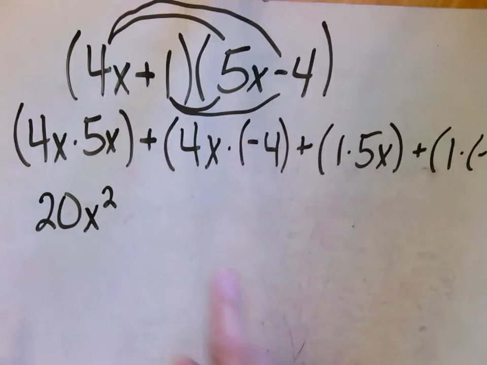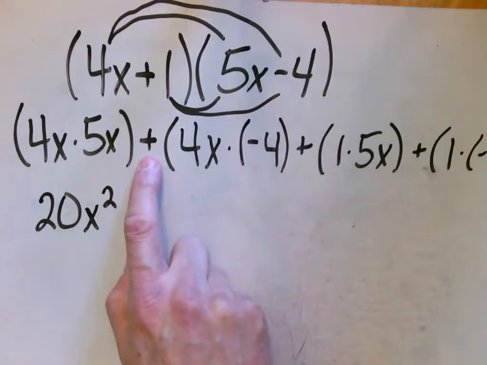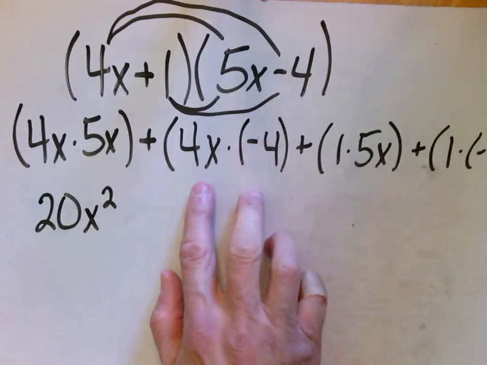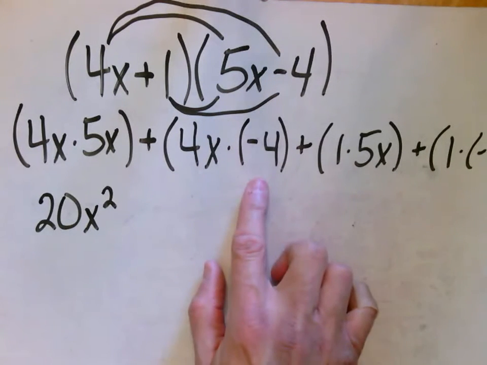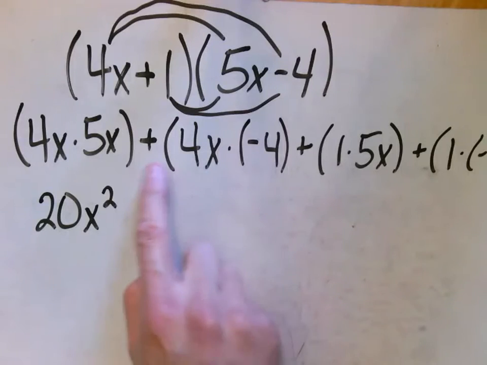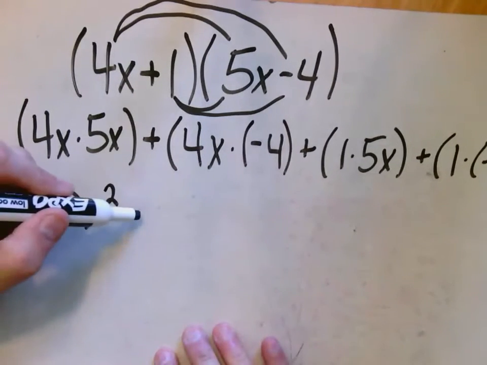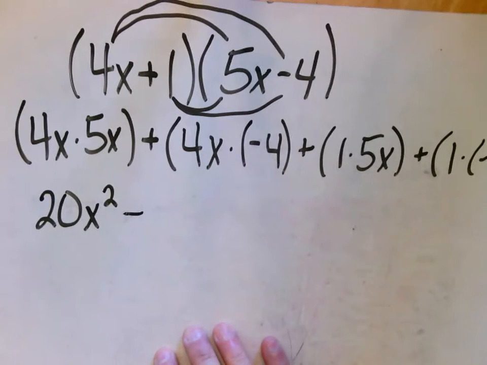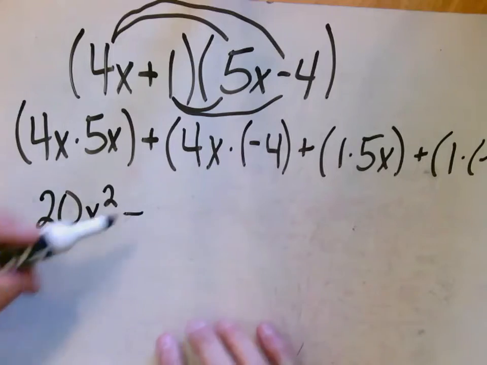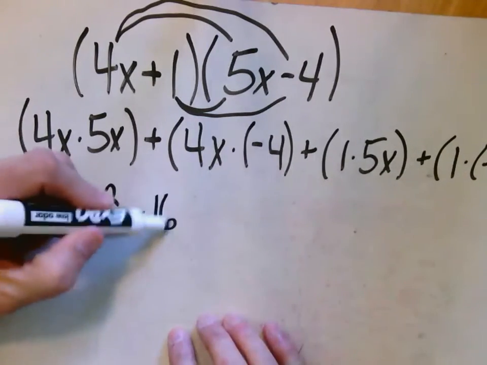Here we got to be a little bit careful because we say plus, but we really want to multiply these together first. So I've got 4x times negative 4. Well, we know a positive number times a negative number is going to be a negative value. So this value becomes negative. 4 times negative 4 is negative 16.